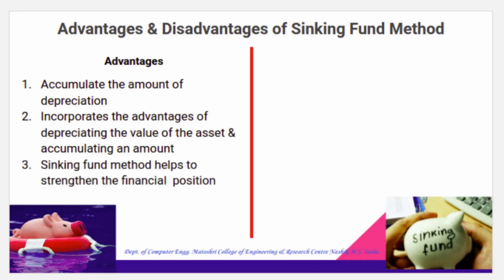Another advantage is that the sinking fund method helps to strengthen the financial position of the concern. These are certain advantages. Now next we will see certain disadvantages of the sinking fund method.